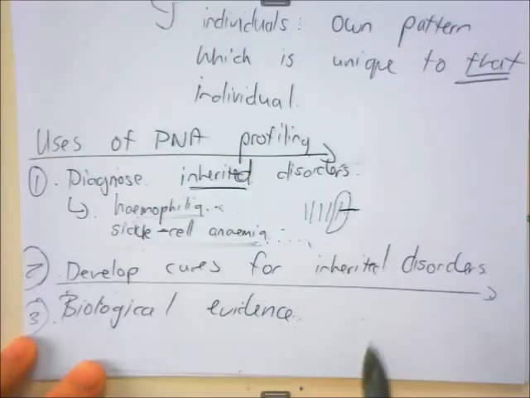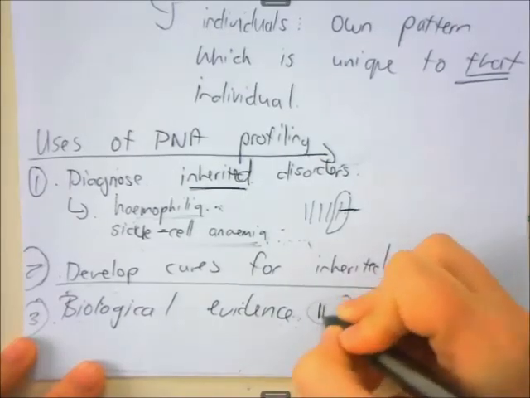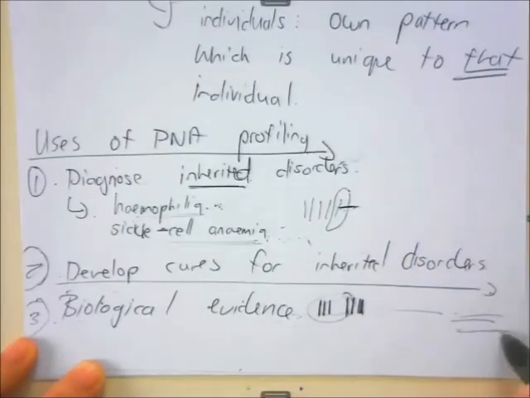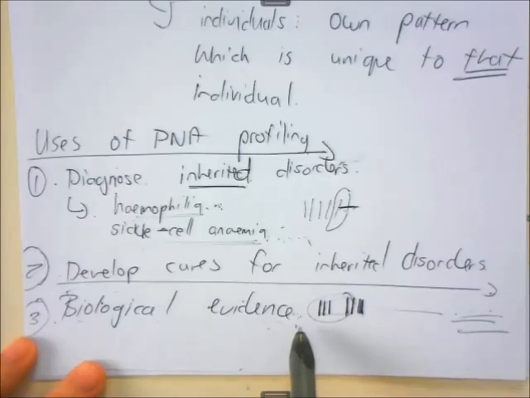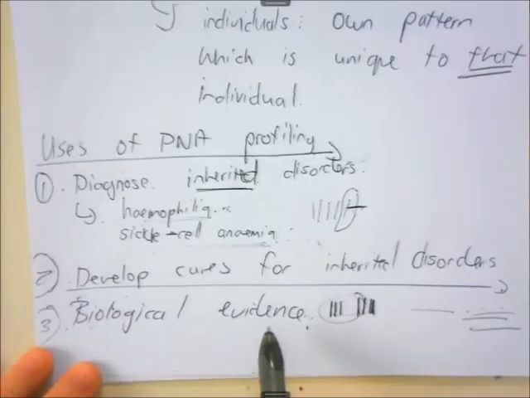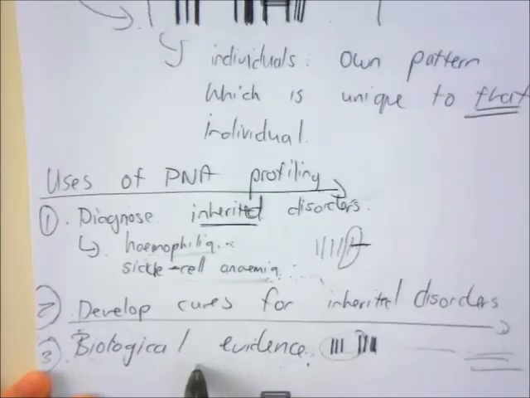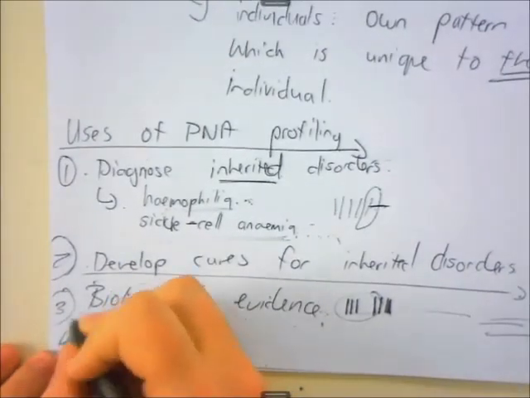We can say, here is the sample, you might have 7 suspects, and if we look at the patterns that are made, you can compare them to samples and use DNA profiling as biological evidence. It has been around probably from the late 1980s, early 90s, as far as I remember, that we've been using biological evidence in courtrooms and in police investigations.